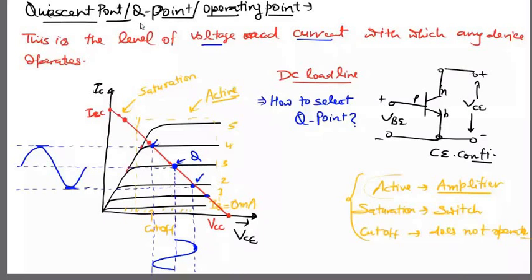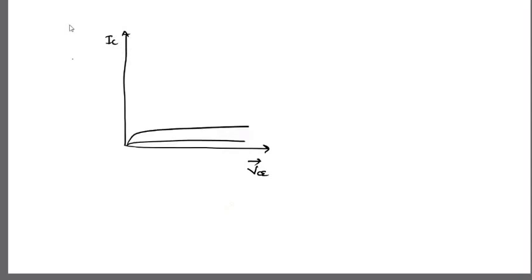So you see, if I just draw the lines, and if I define the regions of operation, this is saturation, this is active, and as usual, this is cutoff.